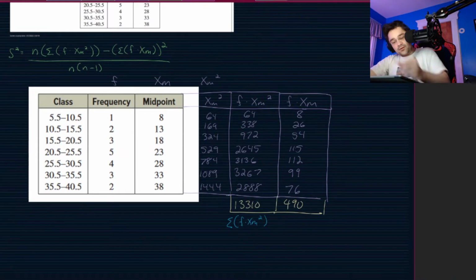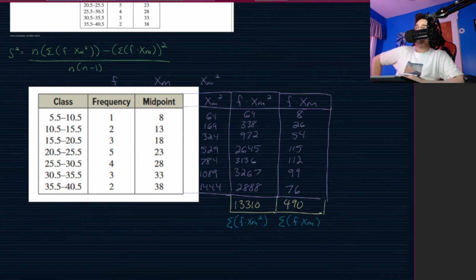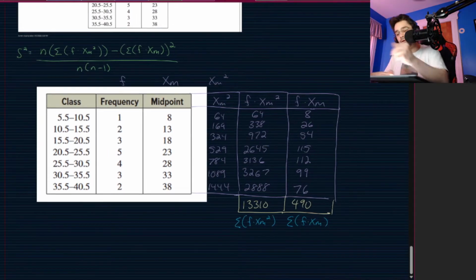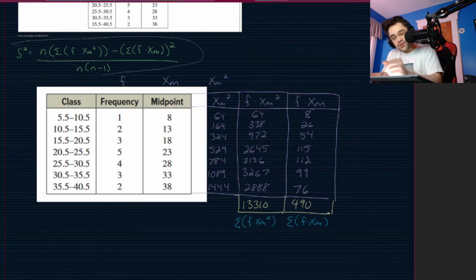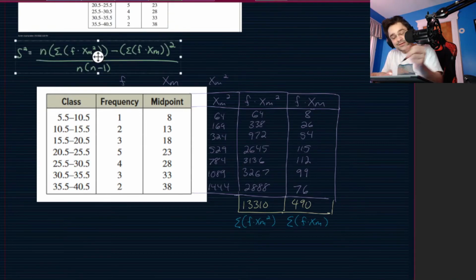And remember, this is the sum of all the f times xm's. We haven't squared that value yet, like we are going to need to in the formula. Okay, so here's our formula. We've got all the values that we need now. We've got those 2 summations. We know what n is. Let me just copy here.